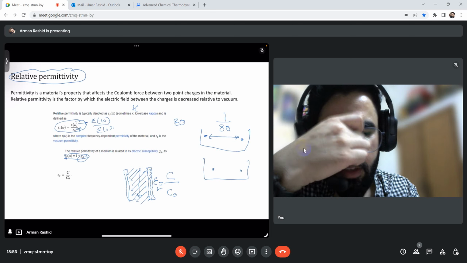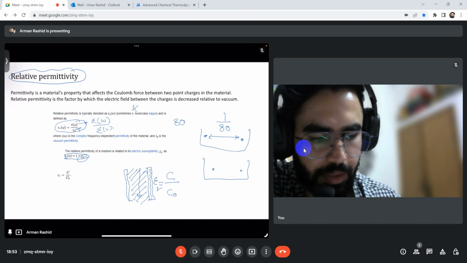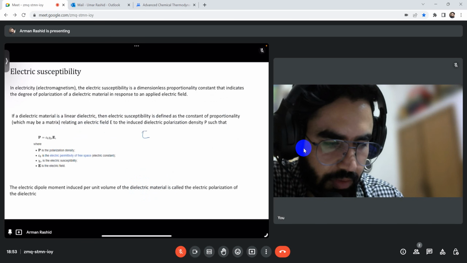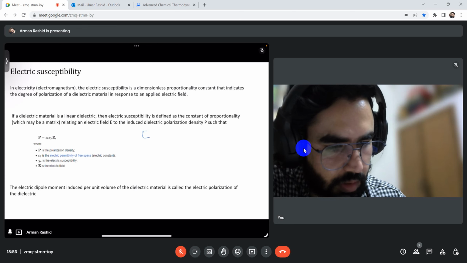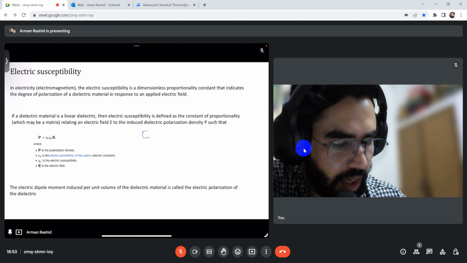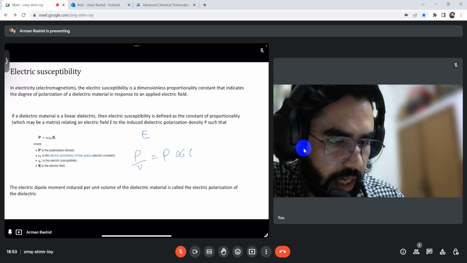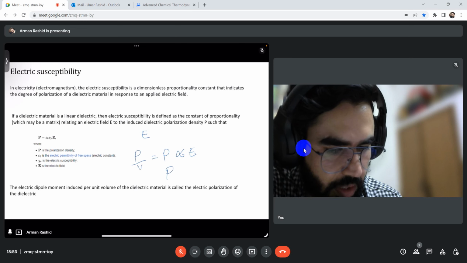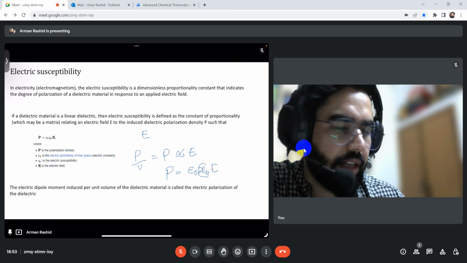For example, if we apply an electrical field E on any material, the polarization density, that means the number of dipoles created per unit volume, is given by P. This P is directly proportional to E. Here P is given by epsilon 0 chi e E, and this chi e is called the electrical susceptibility.